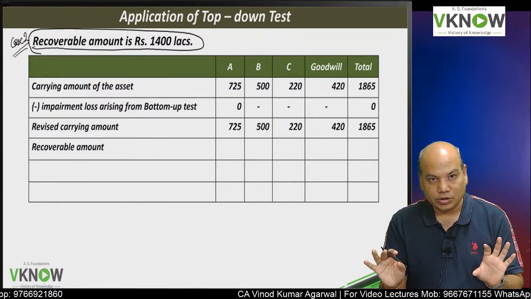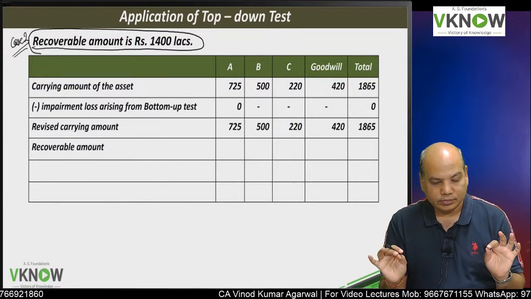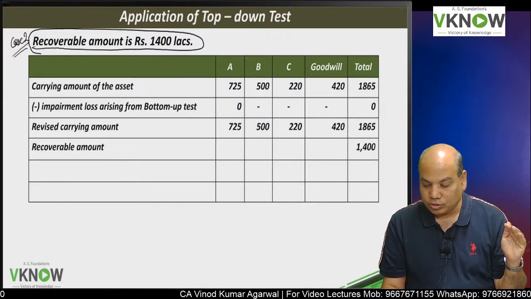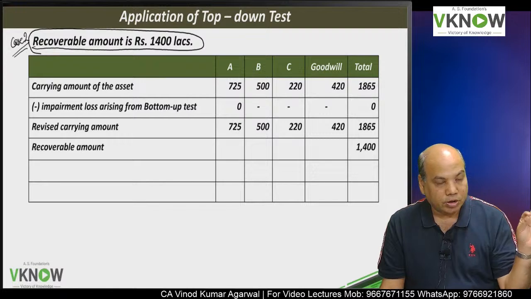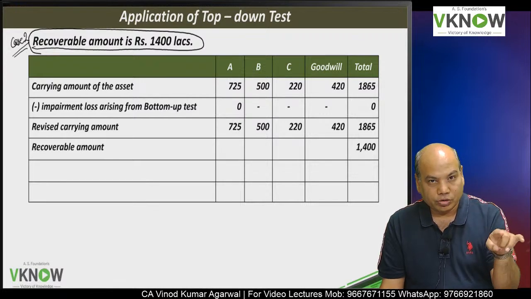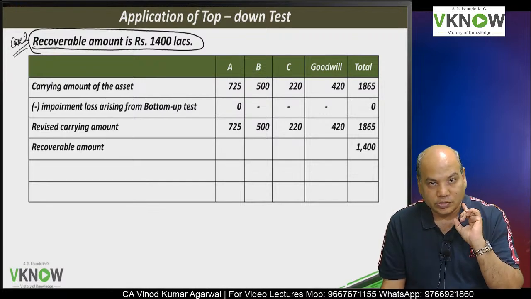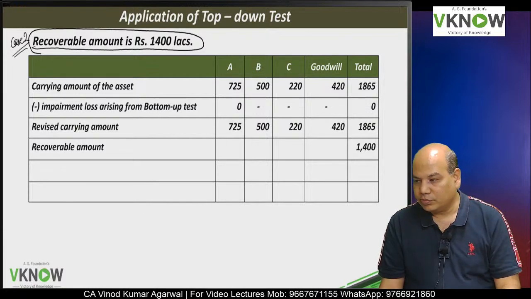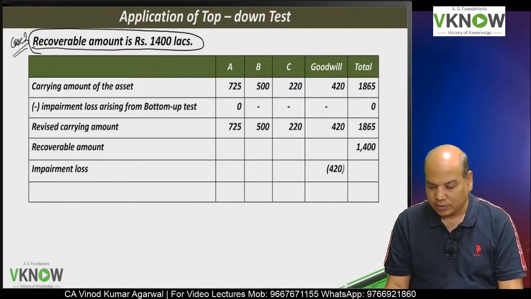First 3 lines no change. To keep your query in mind, suppose your recoverable amount, instead of 1700, you have to write in the last table given in this question. Suppose your recoverable amount is 1400. Now what will happen?